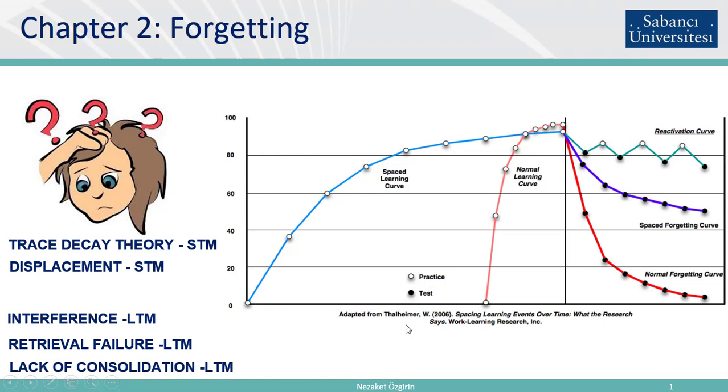Please look at this chart that shows both the normal learning curve and the spaced learning curve, and also the normal forgetting curve and the spaced forgetting curve. This brings together Ebbinghaus's forgetting curve and Thalheimer's learning follow-on mechanism to remember what is learned.